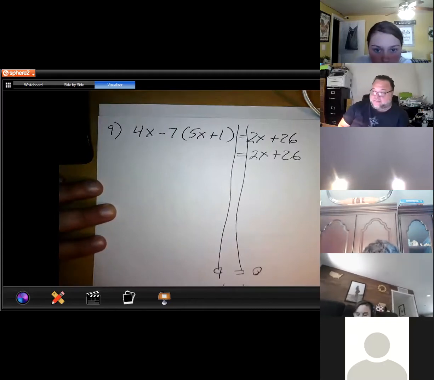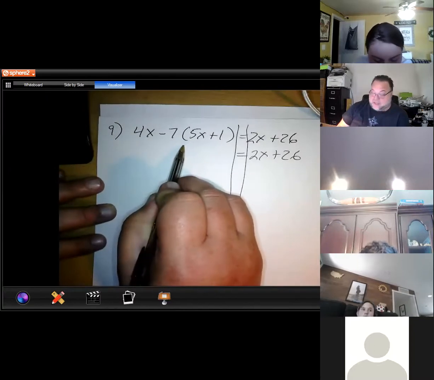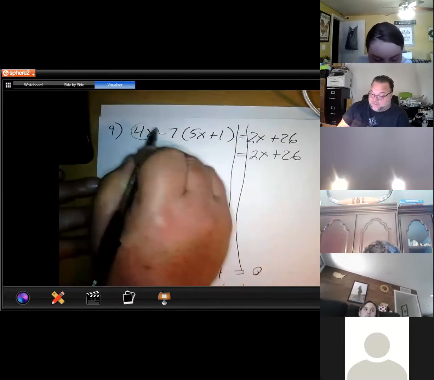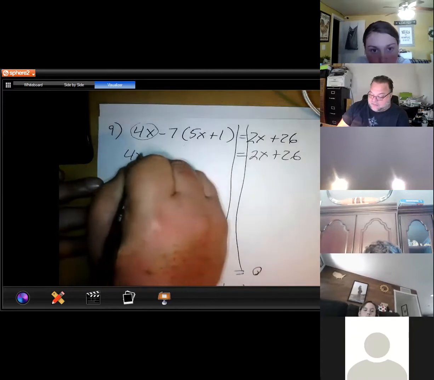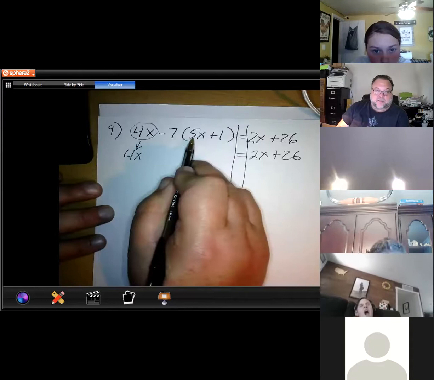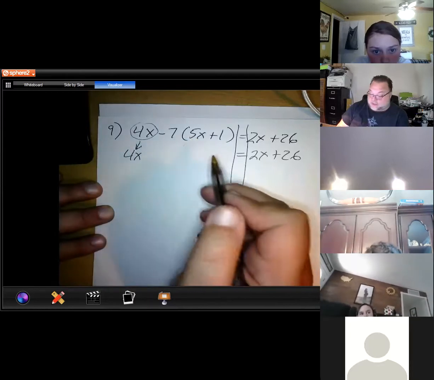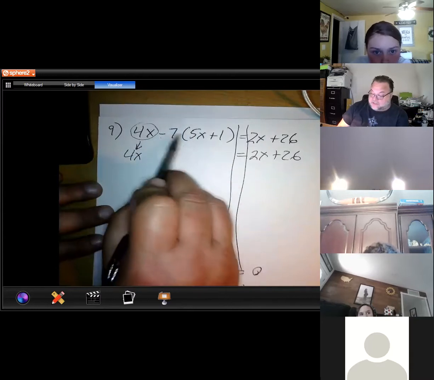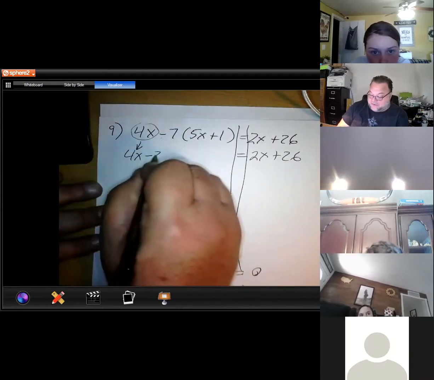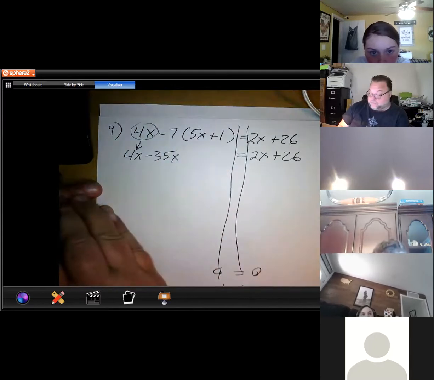So right off the bat, I can see that I'm not going to do anything with the right-hand side to start with. And I'm going to have to work with my distributive property again. Now, this little 4x in front, it's just going to come down here and wait for this mess to clean up. And once this mess is cleaned up, then it'll join in right behind that 4x. So negative 7 times 5 is going to be a negative 35. And of course, we put the x on there.